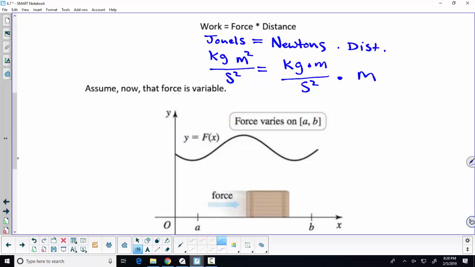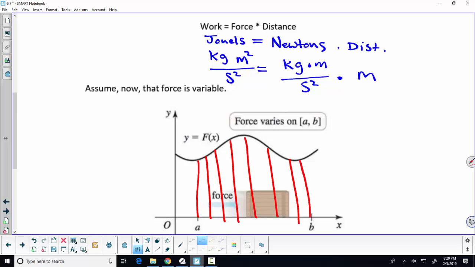The idea is that our force varies. Our force is described by this capital F force function. We're pushing this along from a to b. The idea is the same as it was with density, volume, and surface area. We're going to slice this region and then sum all of that stuff.